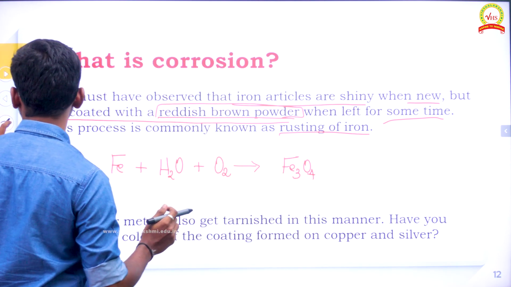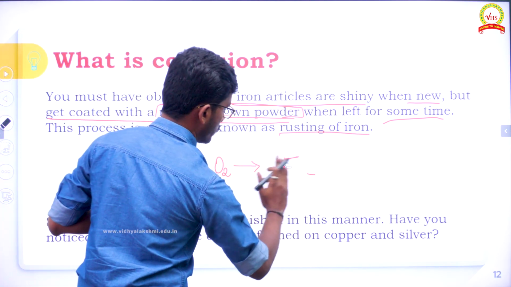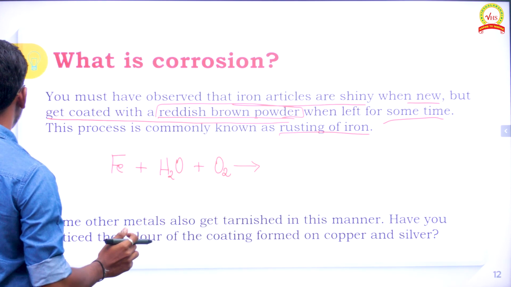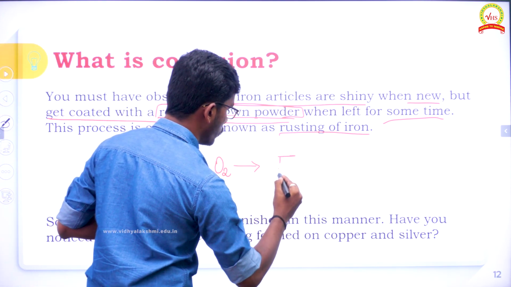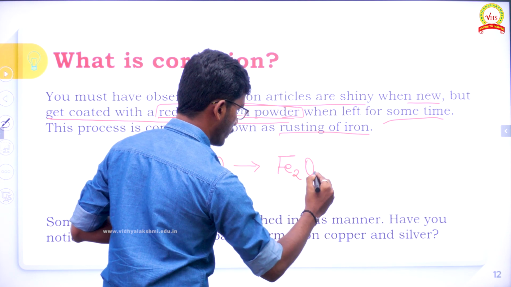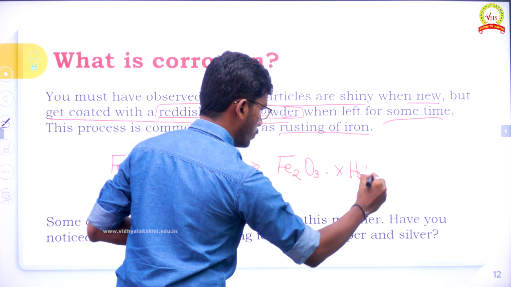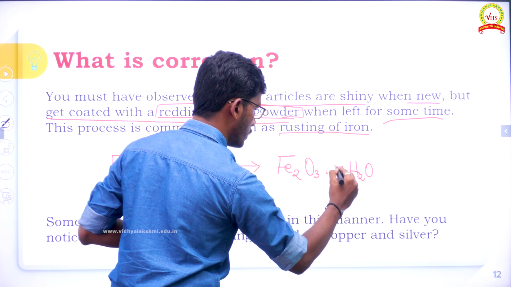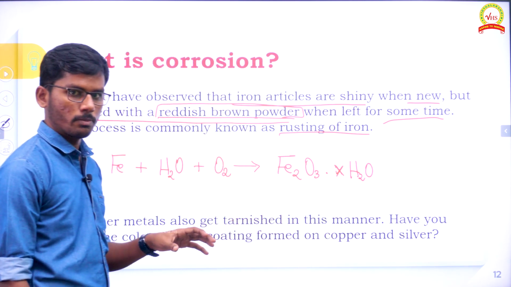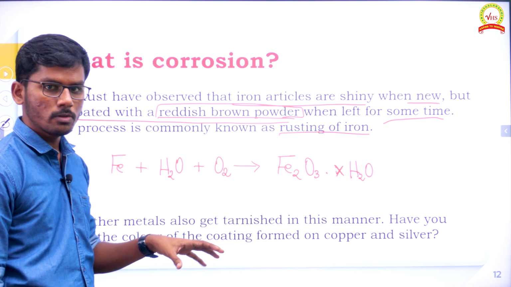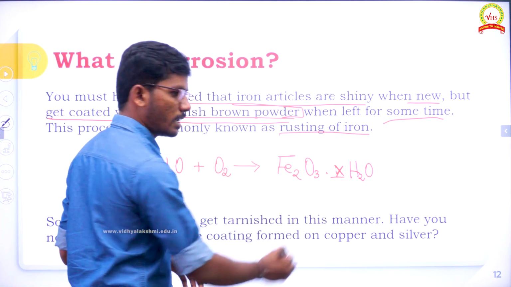Fe2O3.xH2O. What does this x represent? It is nothing but the number of water molecules involved. Since it is not a fixed value, we mention it with a variable here.